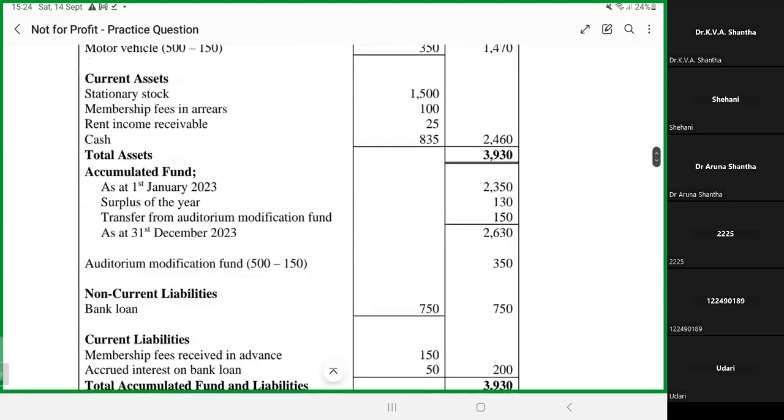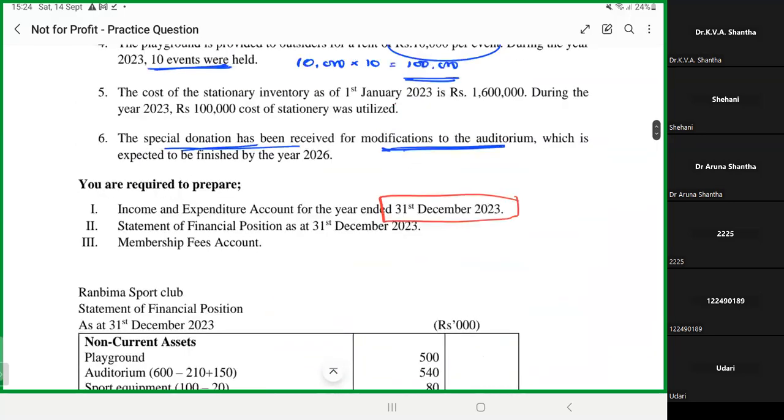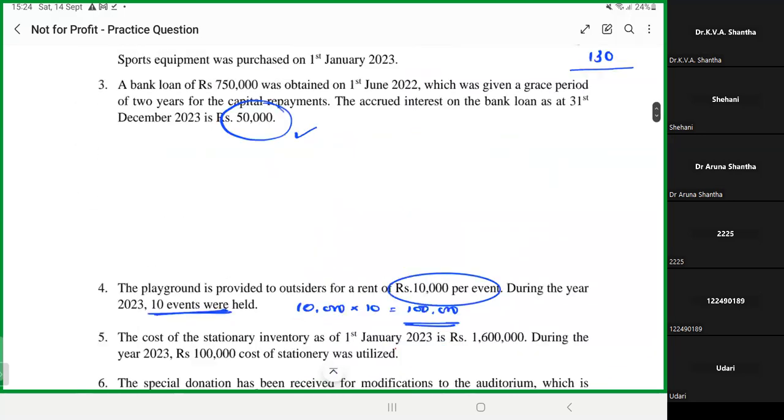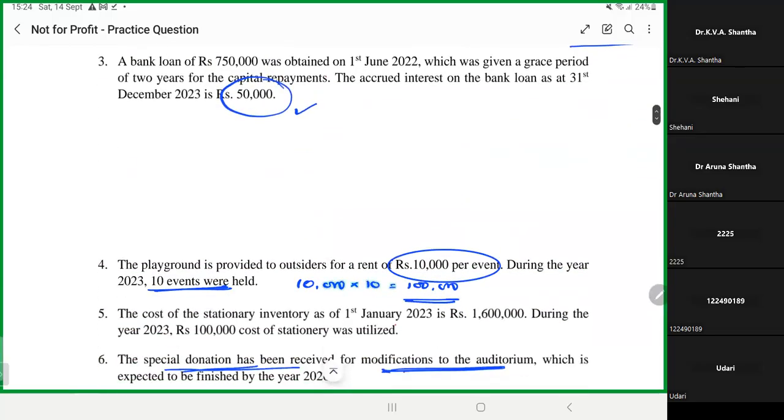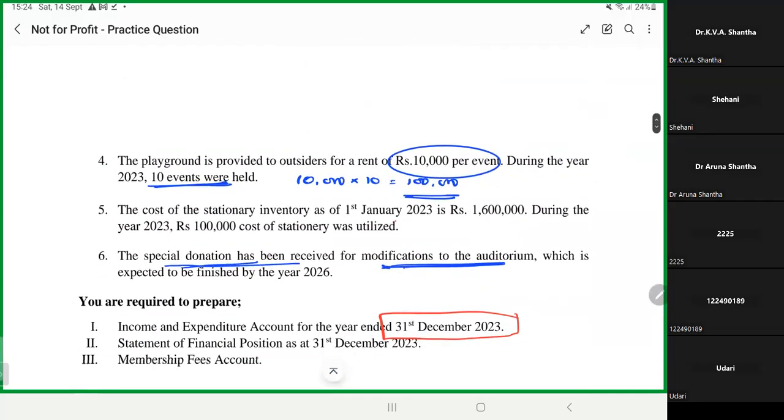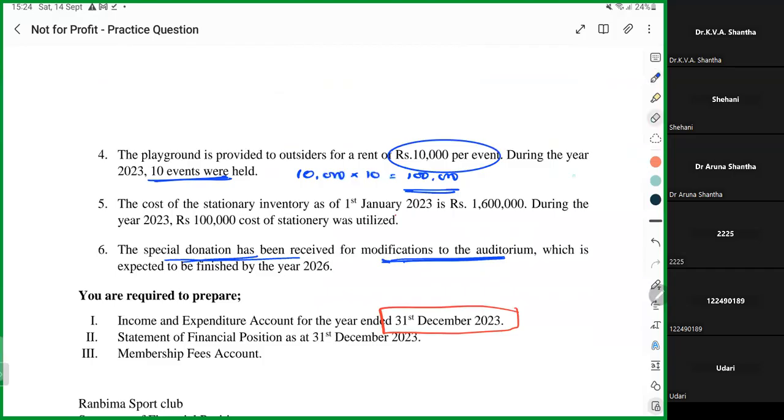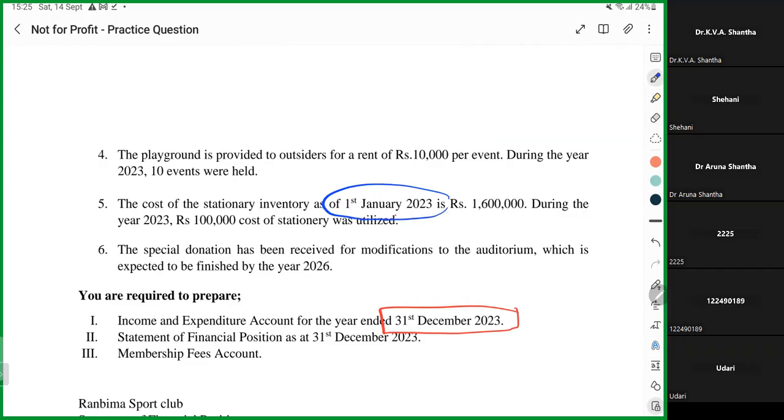Right. So number 2, 3 also completed. Number 4 completed. Number 5. You see number 5. So on 1st January, you had inventory stock 1,600.